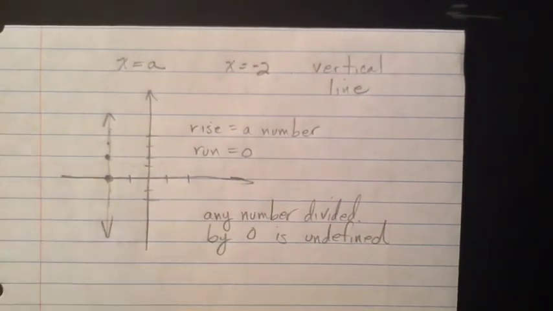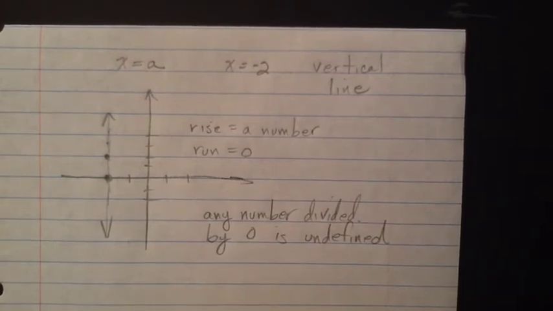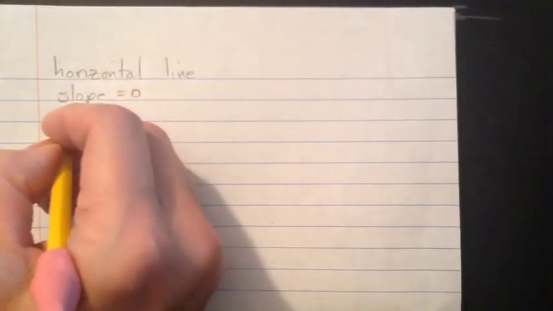All right. I just want you to make sure that you know these two special equations. Horizontal line. Slope equals 0.